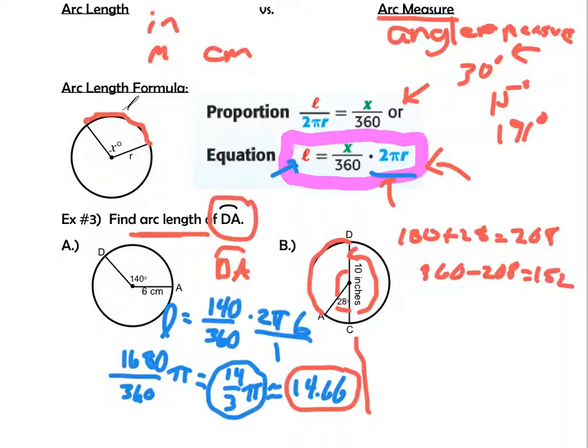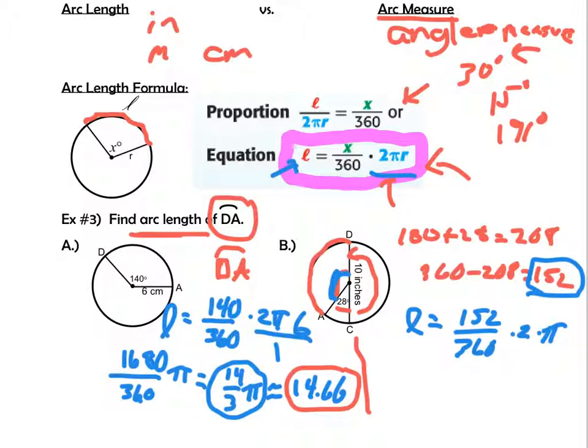So the portion I'm looking for, I'll put it in blue here, this portion right here, is 152. That will allow me to use my L formula. L equals 152 divided by 360 times 2 times pi, and then r, in this case, be careful, it's 5. The diameter is 10, but you need to cut that in half.